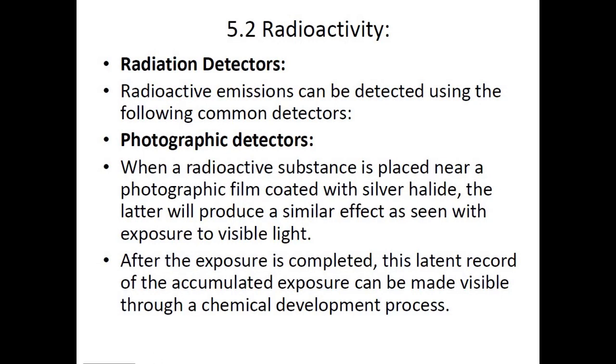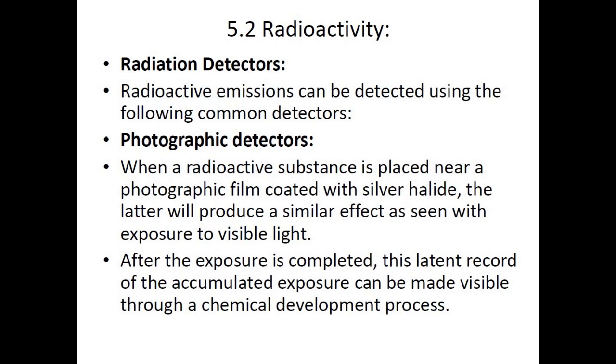When a photographic plate is exposed to visible light, it leaves traces onto the photographic film, or similarly when radioactive waves or radioactive particles are bombarded onto a photographic plate, it also leaves similar traces or exposure marks. After the exposure is completed, this latent record of the accumulated exposure can be made visible through a chemical development process.